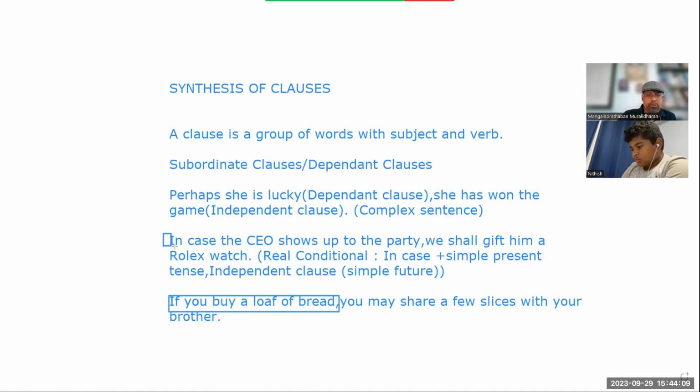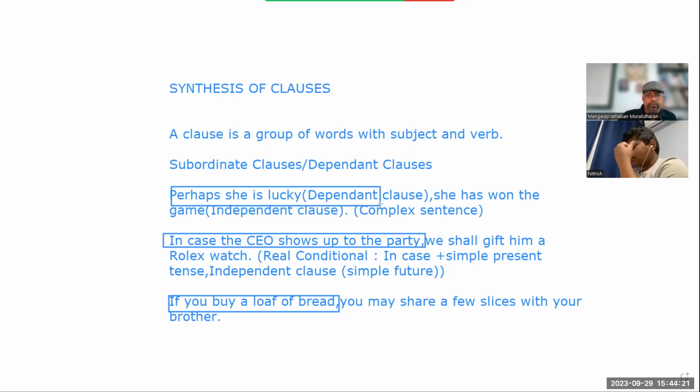Here I'm just going to put all the dependent clauses in a box, so you can easily locate them very carefully. Perhaps she's lucky. All these three, I've put them in a box, and you are looking at it very carefully. What are they called?